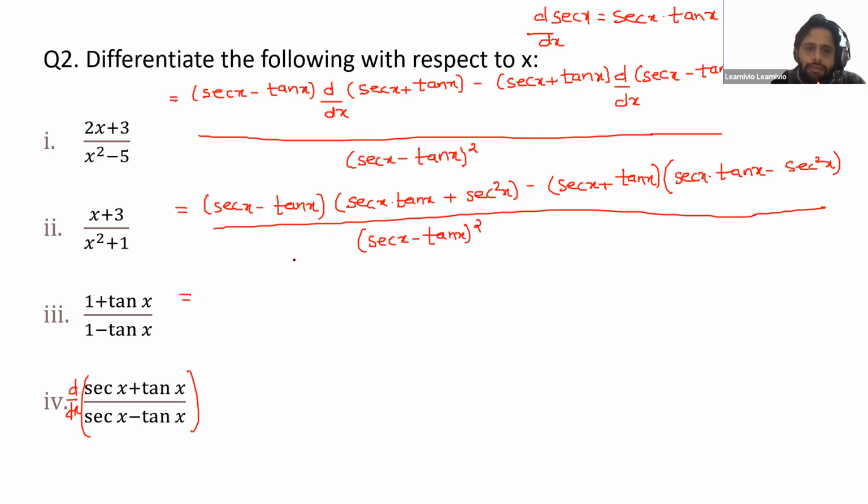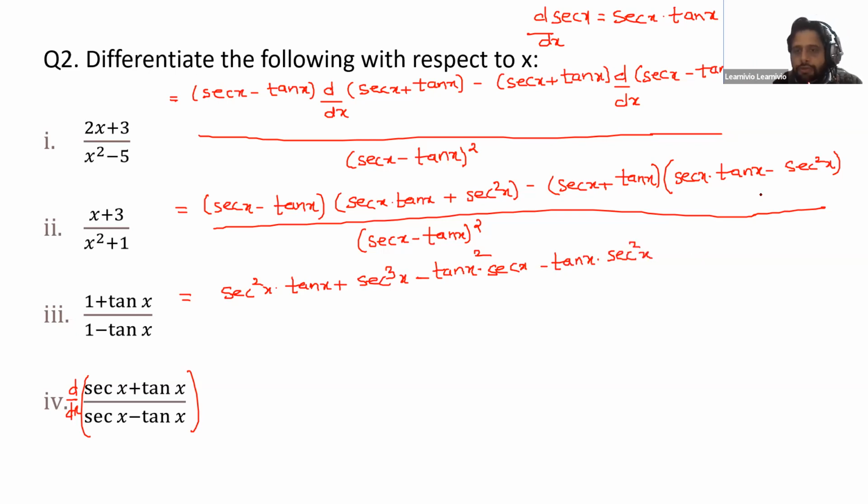Now open this bracket. You will get sec square x into tan x plus, multiplying this, you will get sec cube x, then minus tan square x into sec x, then minus tan x into sec square x.